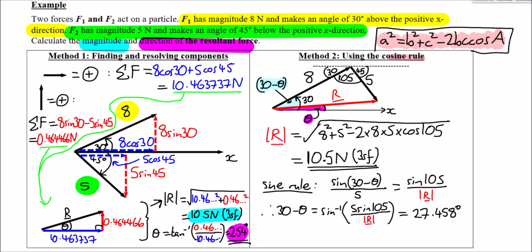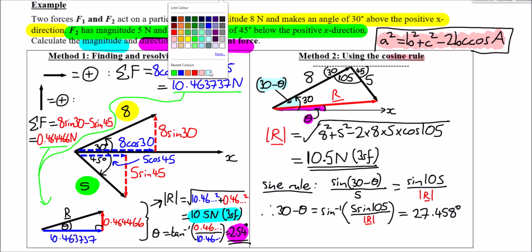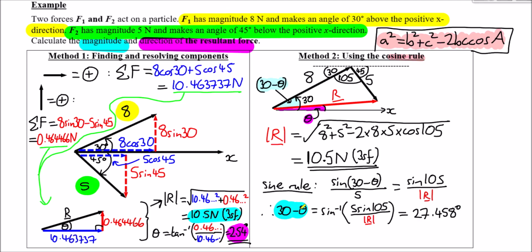So in other words, 30 minus theta is this. So again, we need to rearrange, we're still not finished. So 30 take away what gives 27.458. We rearrange this, we can add theta to both sides, then subtract 27.458 from both sides. So theta is 30 minus 27.458.